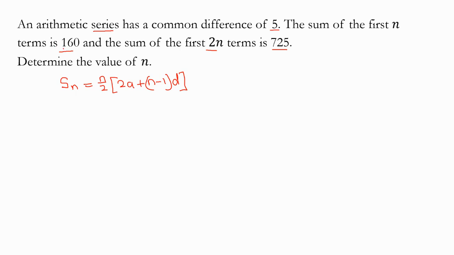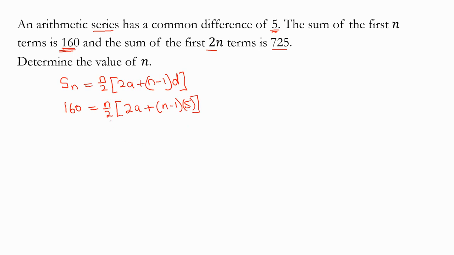We're going to substitute our 160 and the 5. So it's going to be 160 is equal to n over 2 times (2a plus (n minus 1) times 5). We're multiplying by this 5 here. See that? We have substituted our 160 and the 5.